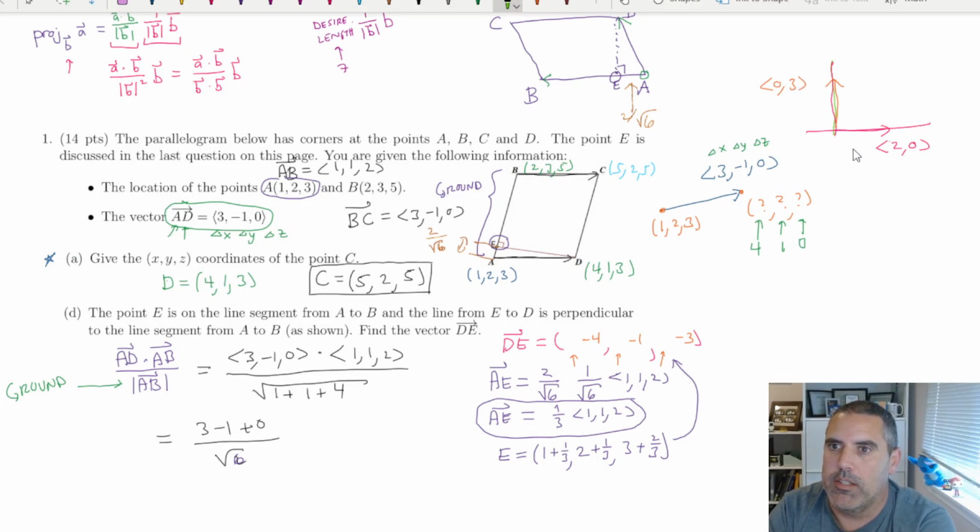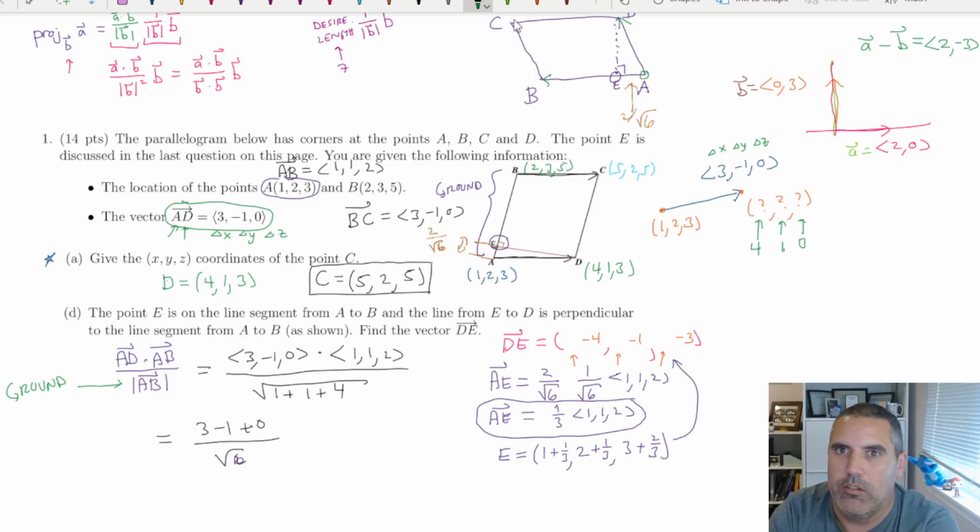Let's call this A, and let's call this B. If you subtract the 2 vectors, let's say you do A minus B, what do you get? You're going to have 2 minus 0, so it's going to be 2. 0 minus 3, so it's going to be negative 3.